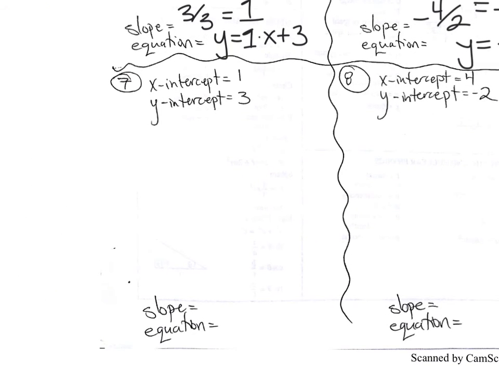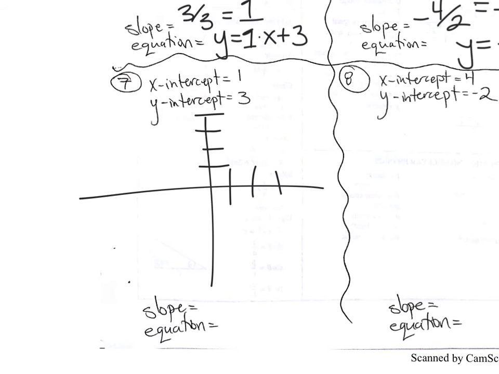Number 7, nice beautiful graph. We have an x-intercept of 1 and a y-intercept of 3. Connect them with a nice, beautiful, straight line. So there's our graph. Let's find our slope.